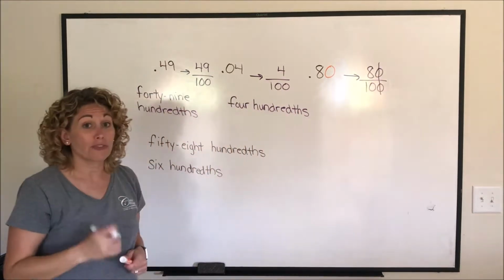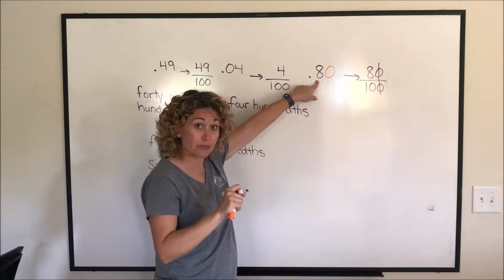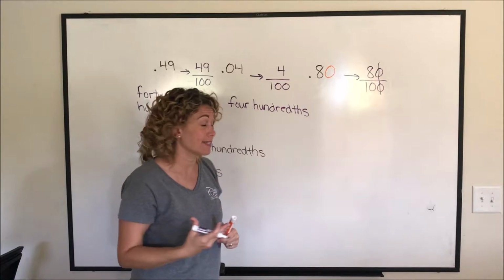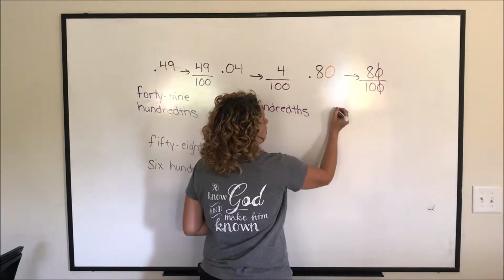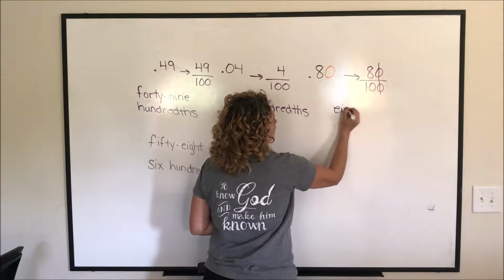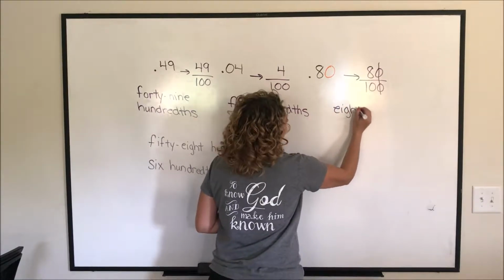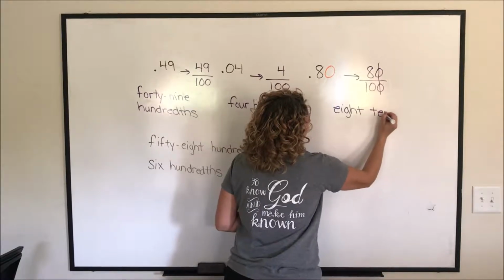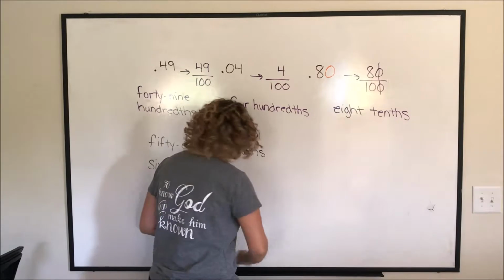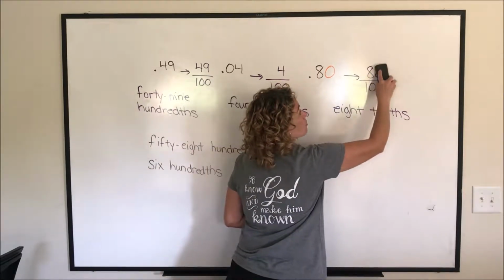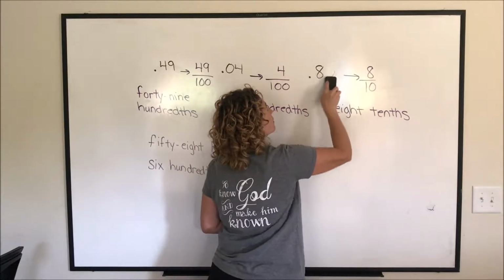So your actual fraction is 8 tenths. 1 decimal spot is the tenths. And you can actually see that from working it out. So this would be 8 tenths. And your fraction would be 8 over 10. Okay?